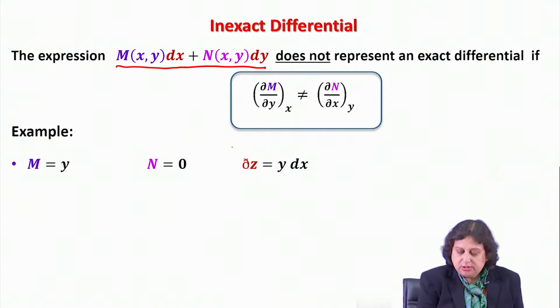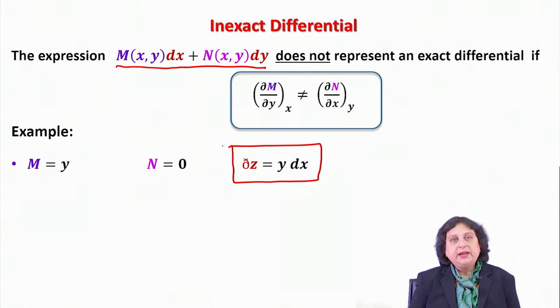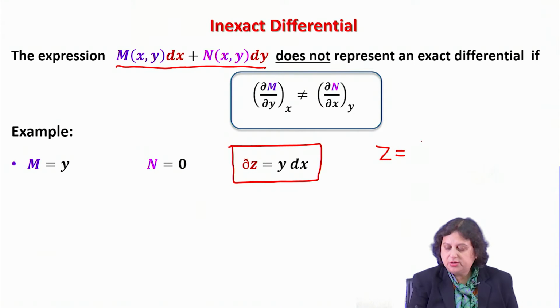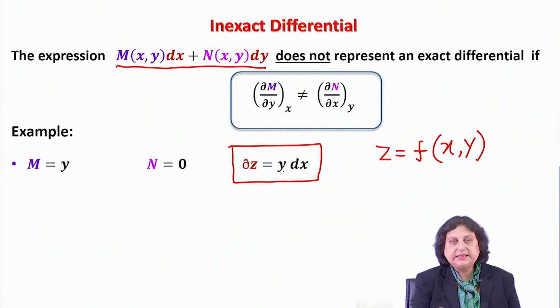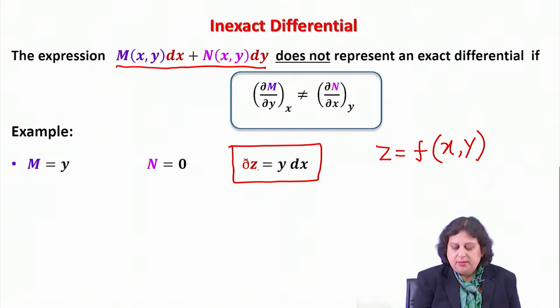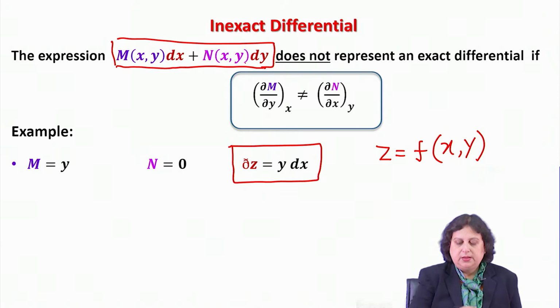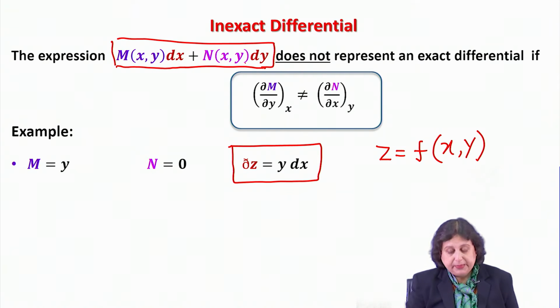So let us focus on this particular form. What kind of function is z? z is a function of x and y, and then I find that dz is equal to y dx. So if I want to express this differential in this functional form, then what is m? m is the coefficient of dx.